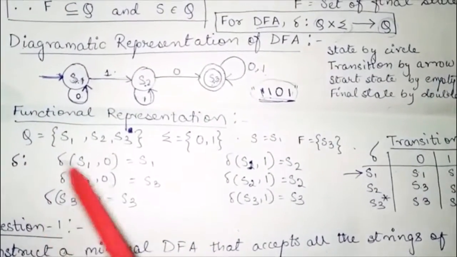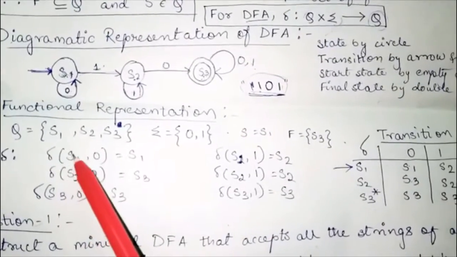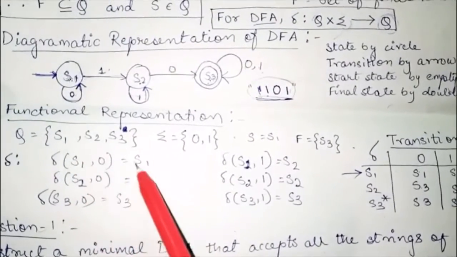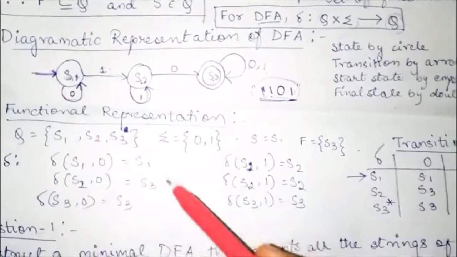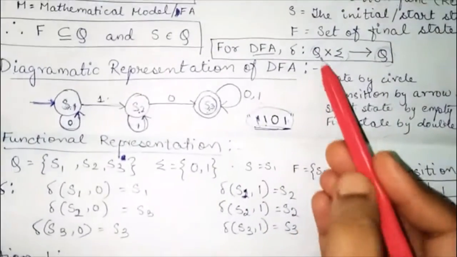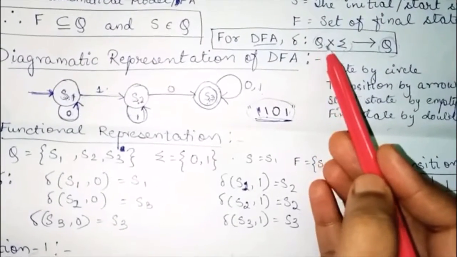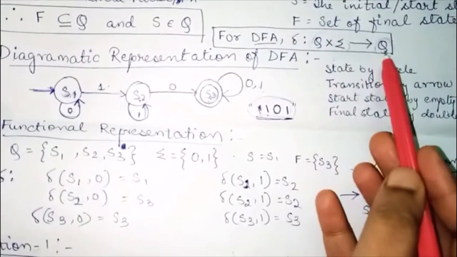So my transition function, if S1 and 0 is the input, I'll get S1 as the output. Because for the transition function, we will take both state and input and we will get state as output.